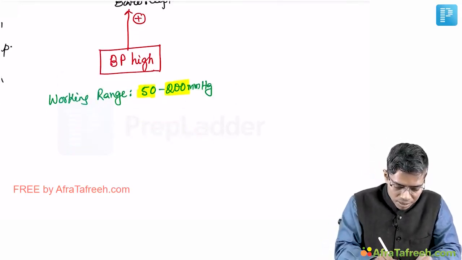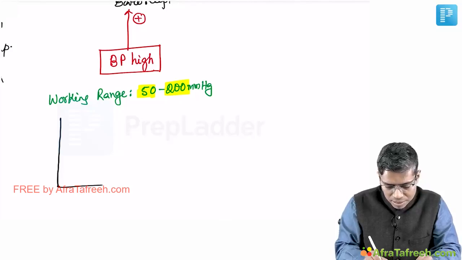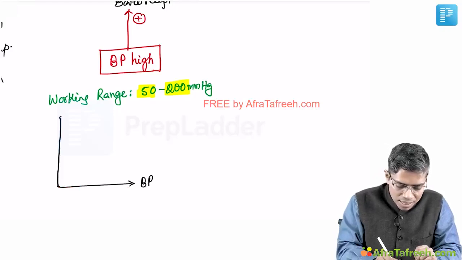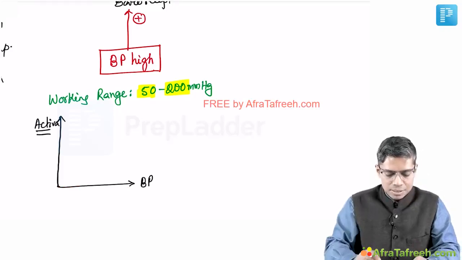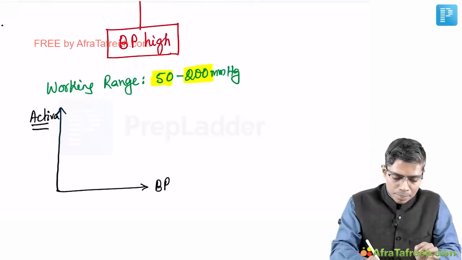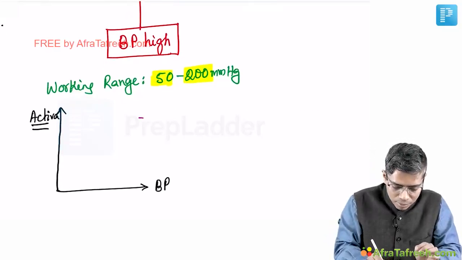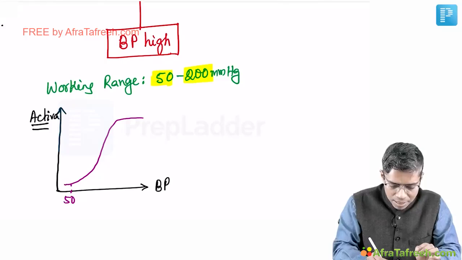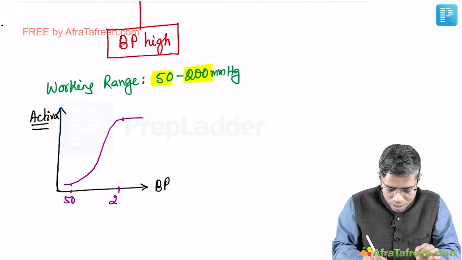So if I draw this curve, you will understand this in a better way. The x-axis is the blood pressure and the y-axis is the activation of the baroreceptor. The baroreceptor activation follows a curve like this. In this curve, this is 50 and this is 200.